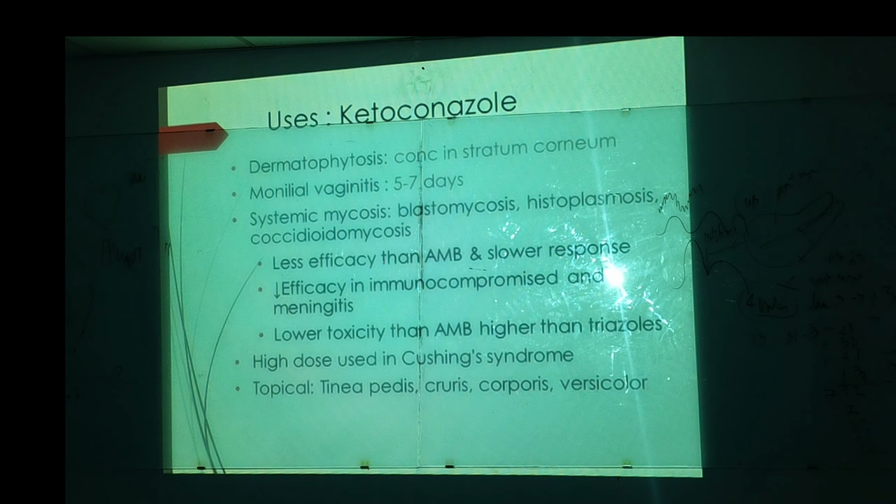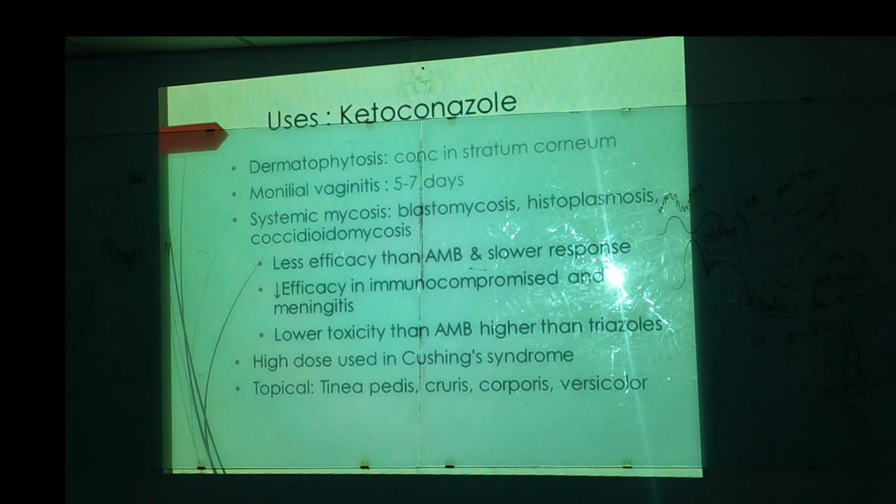Uses of ketoconazole. They are effective for dermatophytosis because they are able to concentrate in the stratum corneum. For monilial vaginitis, it will take about 5 to 7 days of treatment. For systemic mycosis: blastomycosis, histoplasmosis, and coccidioidomycosis.